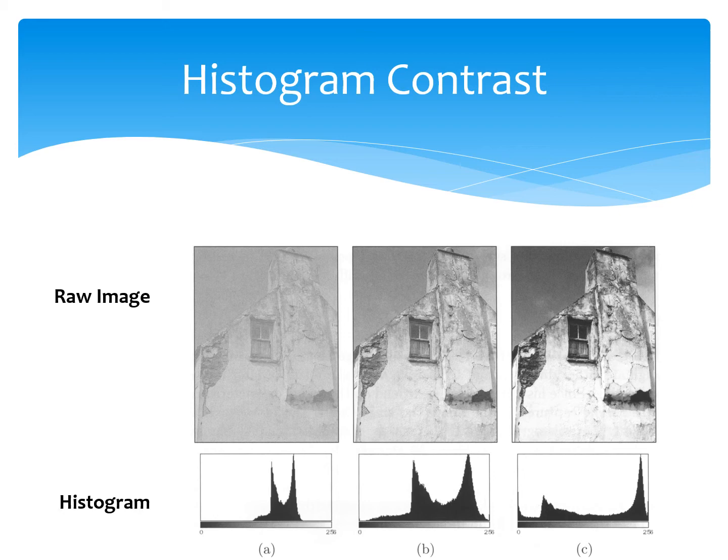If we look at their histograms, we can observe that the pixel intensity distributions of the three images are similar. The difference is that the pixel intensity distribution of the low contrast image is squeezed toward the center, while that of the high contrast image is stretched toward both ends.